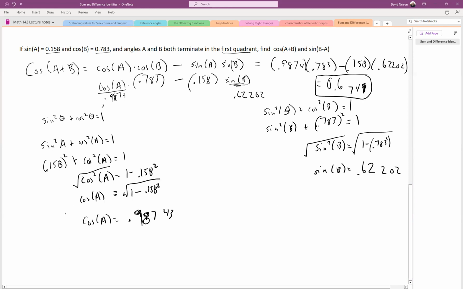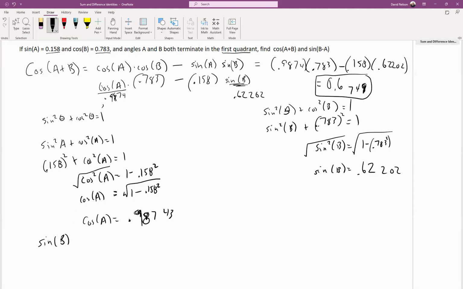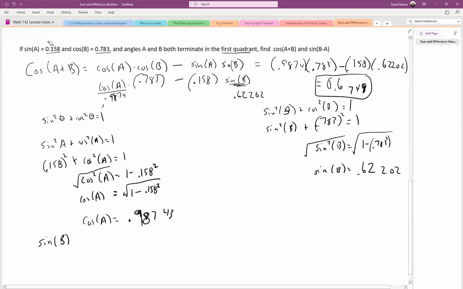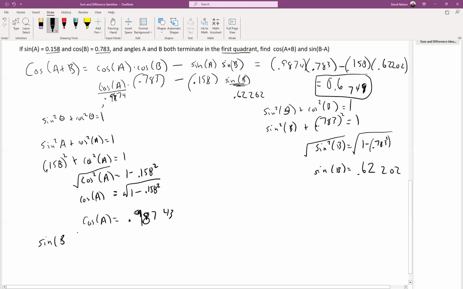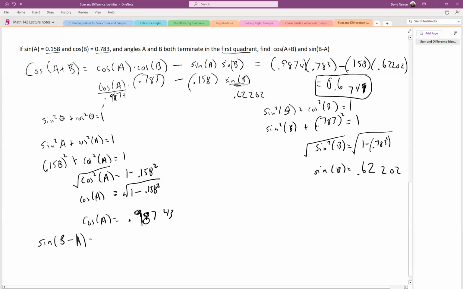And then for the second part, they wanted the sine of B minus A. The identity for the difference of angles is that sine B cosine A minus sine A cosine B. So my angle listed first here comes first here with the sine.